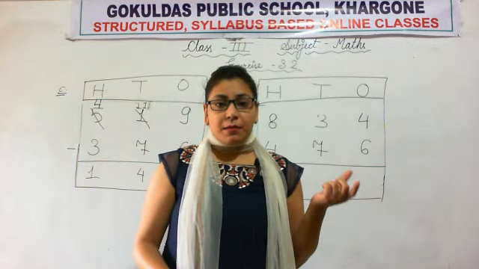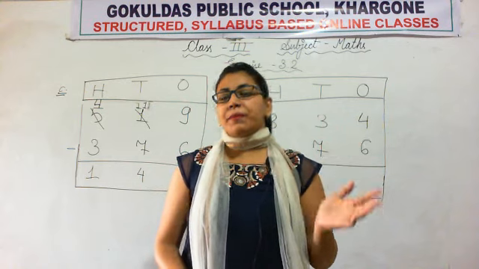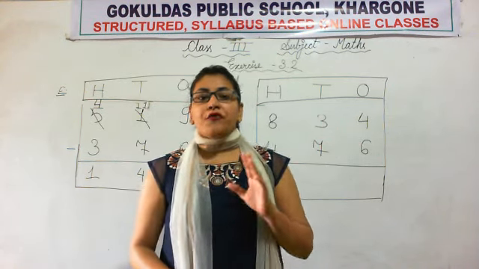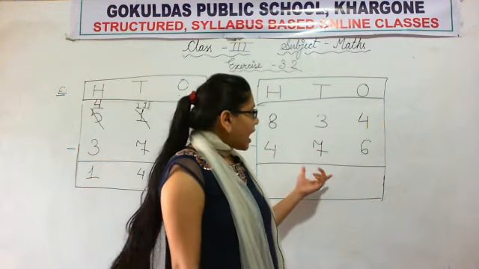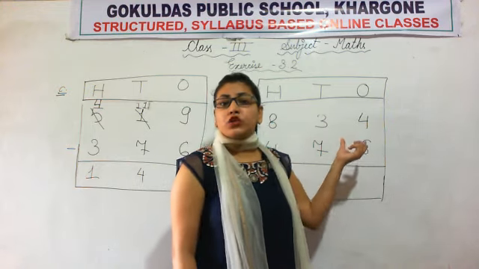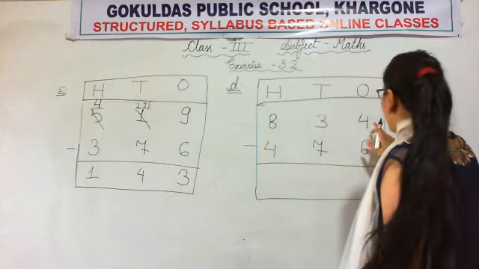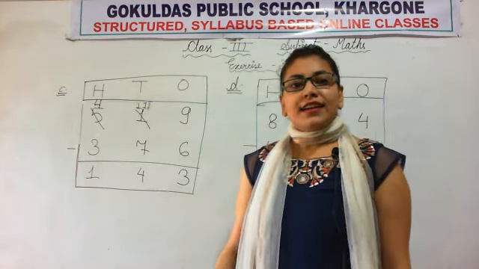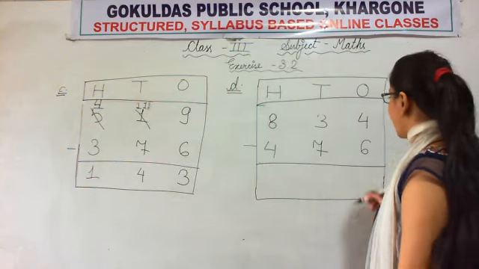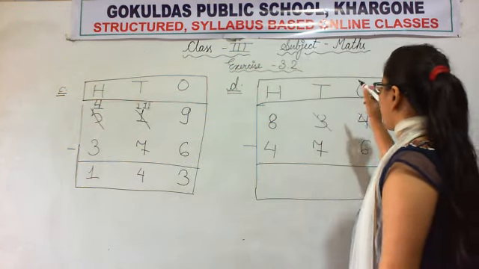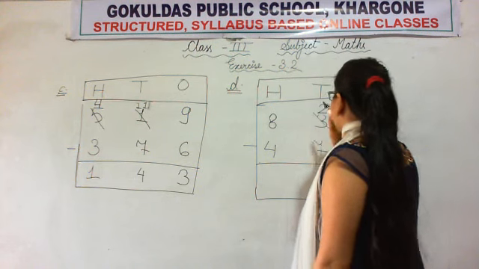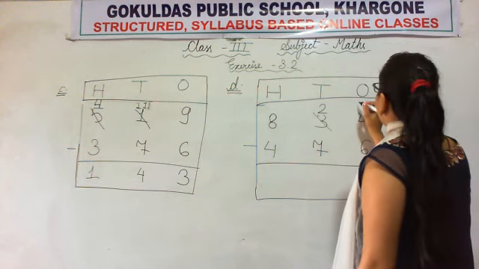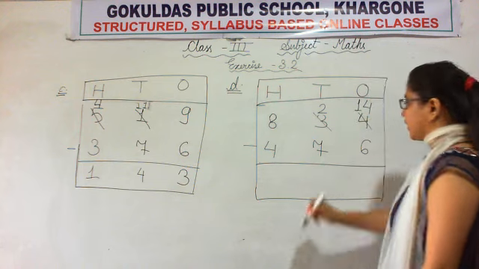Because we always subtract the smaller number from the bigger number, but 6 is the bigger number, so we cannot remove 6 from 4. So now what will happen? We will take borrow. This 4 will take borrow from this 3. This 3 tens becomes 2 tens and this 4 will become 14.